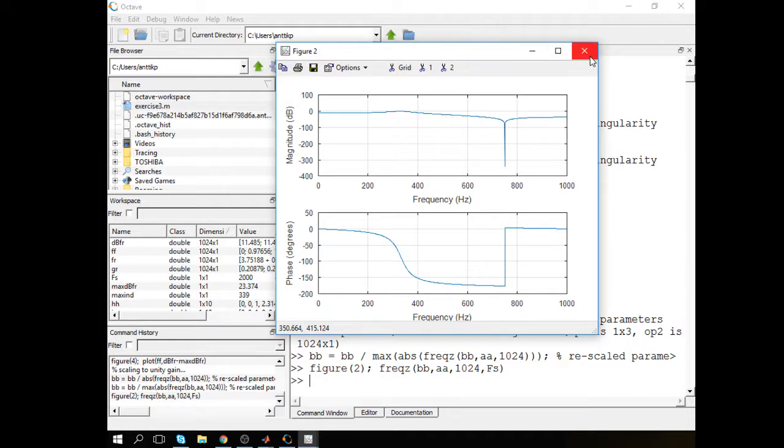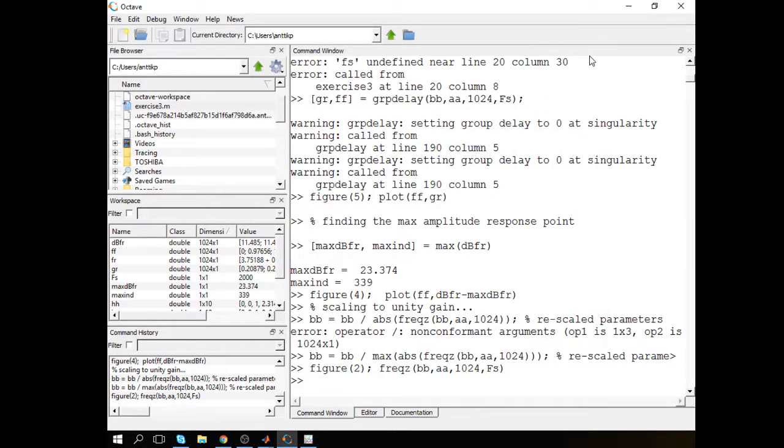Good. Okay. So all kind of stuff done for the system. Impulse response, frequency response, scale the frequency response, looking at the zero pole plane, amplitude response, group delay, that kind of stuff.